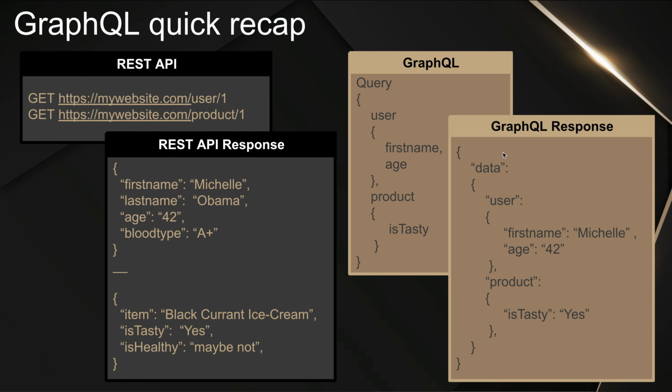But with GraphQL, the benefit is that you can have one query and get the information for both the user and product in the same response. This doesn't mean that GraphQL replaces REST API. The REST API is of course older, more mature, and technically has more support out there, although the support for GraphQL is growing, and it has grown quite a bit.